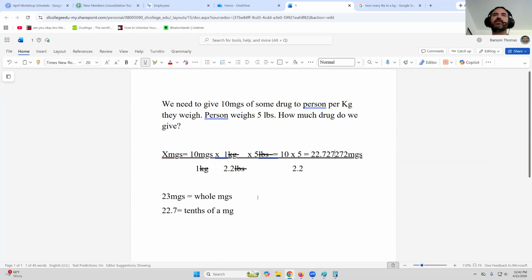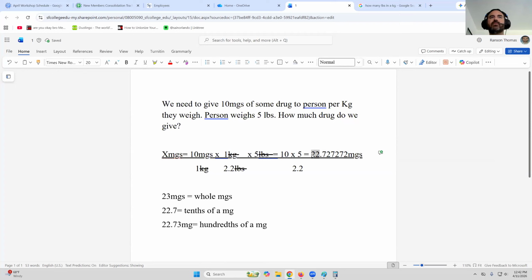That means we're now looking over here. So now our answer would be 22.73 milligrams if we were rounding to the hundredths of a milligram. Because again, whatever place I tell you to round to.